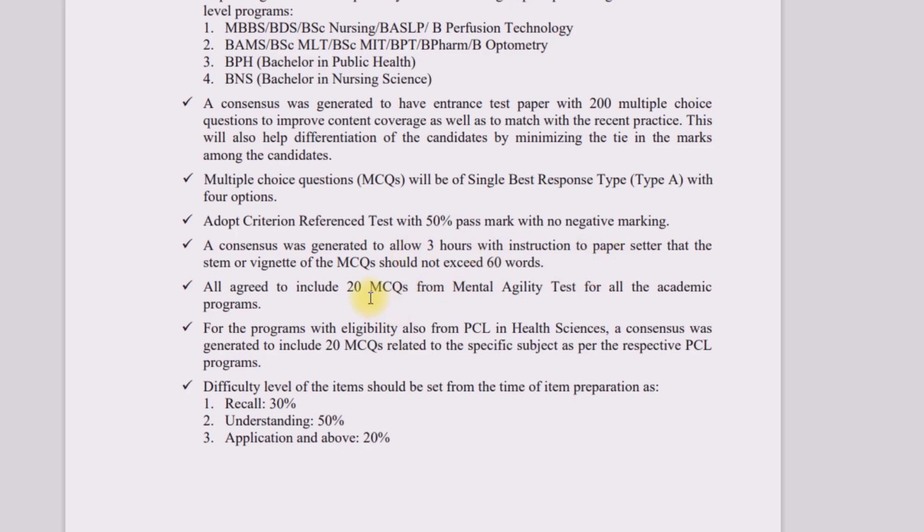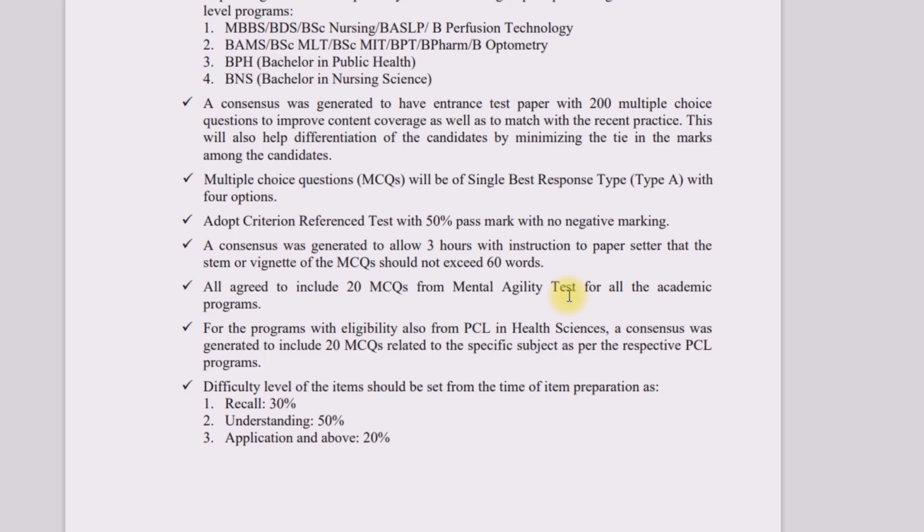Let me just tell you that when we appeared for the exams, when there was not this combined pattern of exams for all the universities, we used to have different exams for TU, and different exams for KU, and at that time we did not have this thing called the mental agility test.